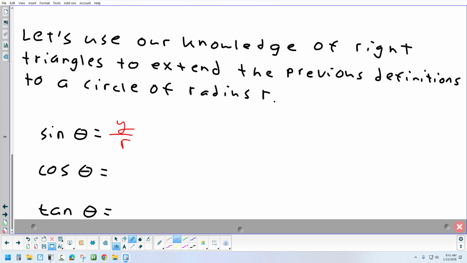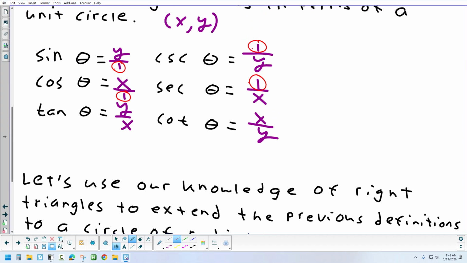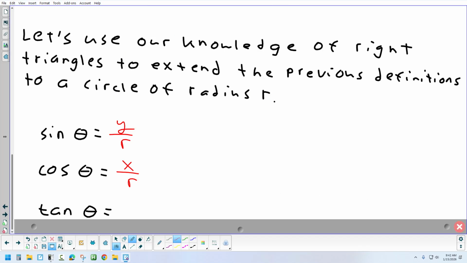The cosine, instead of being x over 1, is now x over r. And what about the tangent? I think the tangent will be, yep, it stays the same. The tangent and cotangent are the same formula.